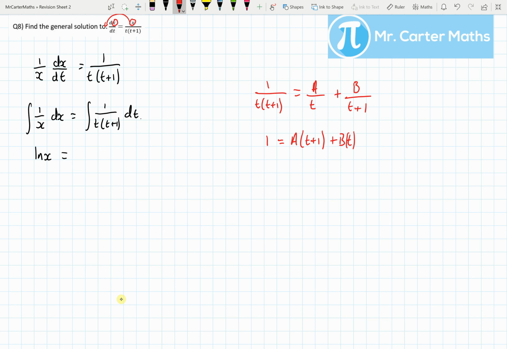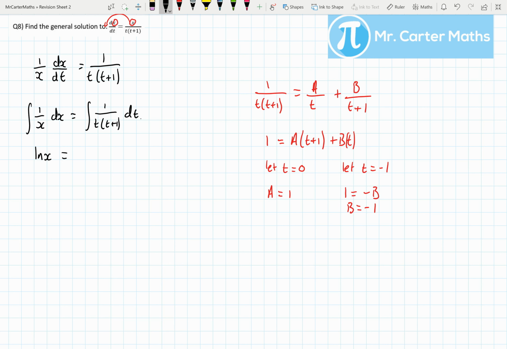I'm going to let t equal 0. This gives me A equals 1 quite quickly, that's nice. I'm also going to let t equal minus 1, which is going to give me 1 equals minus B, so B equals minus 1.